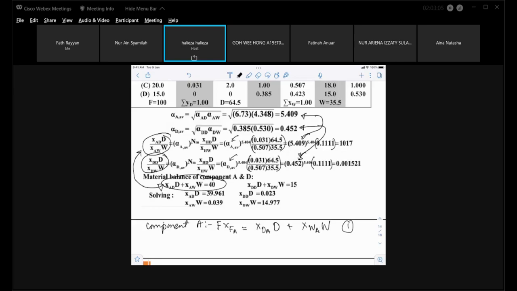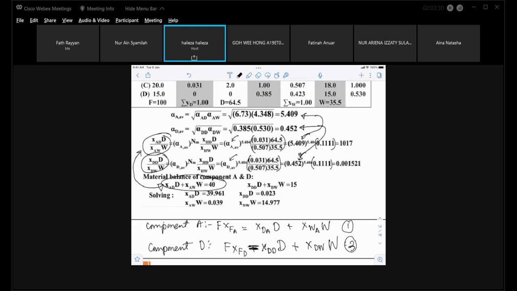You do the same thing for component D. You have F XF D equal sign component D in the distillate plus component D in the bottom product. That is your third equation.